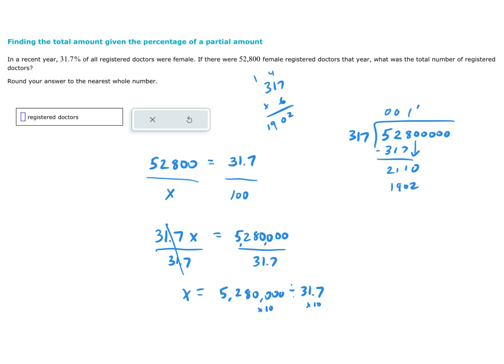So it's going to be 6 times, and we're going to have to do some regrouping. 208. Then we just keep doing this over and over because we have a whole lot of zeros to fill out. This is going to be 6 times again. That's going to be a 7 and then a 1. Same thing again, it's going to be 5 times this time. 35, 5 plus 3 is 8.